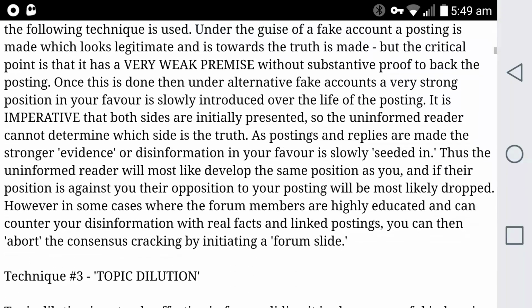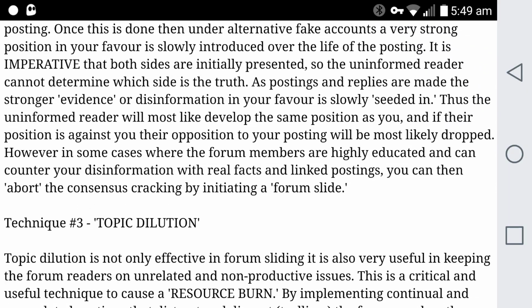As postings and replies are made, the stronger evidence or disinformation in your favour is slowly seeded in. Thus the uninformed reader will most likely develop the same position as you, and if their position is against you, their opposition to your posting will most likely be dropped.